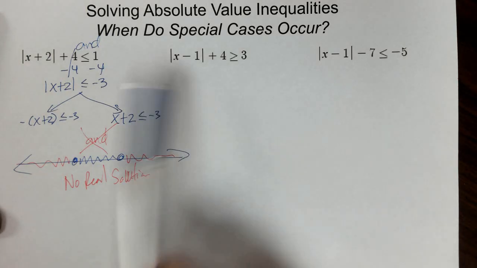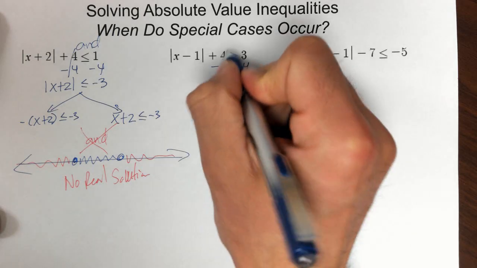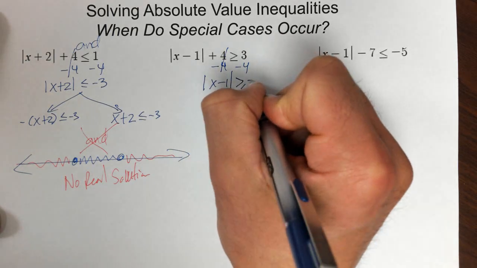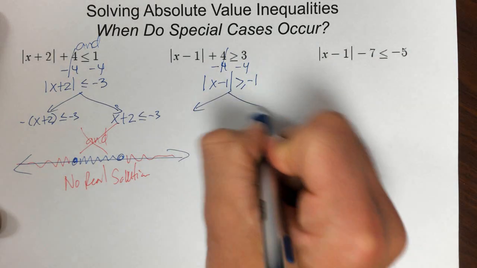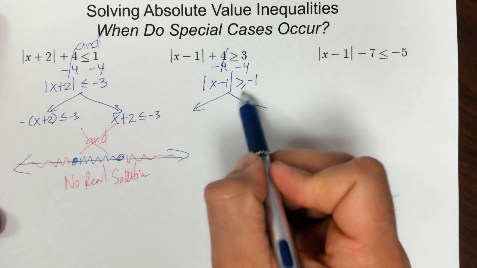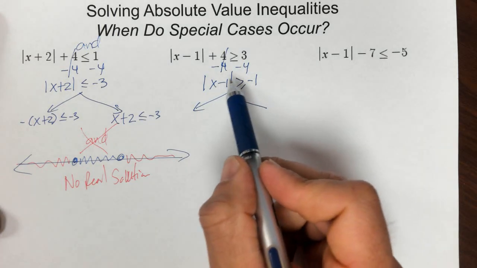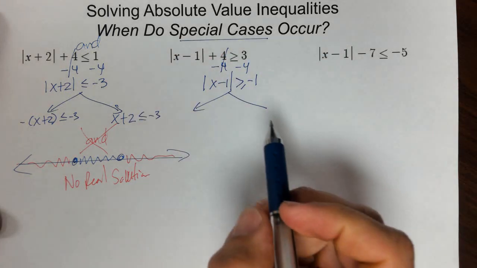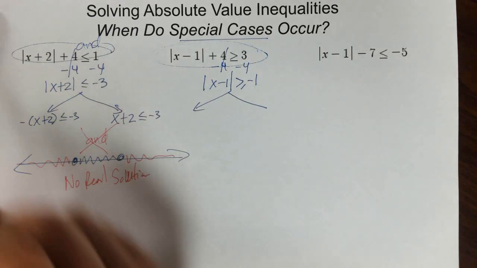Is this a special case? Well, let's solve it a little bit. Move the 4 over. Yeah, I have another negative. But now it's going to be a greater than scenario, right? Because at this step is where I can identify if it's a special case. Not in the beginning. In the beginning, look, all of these were positives. Everything was positive.